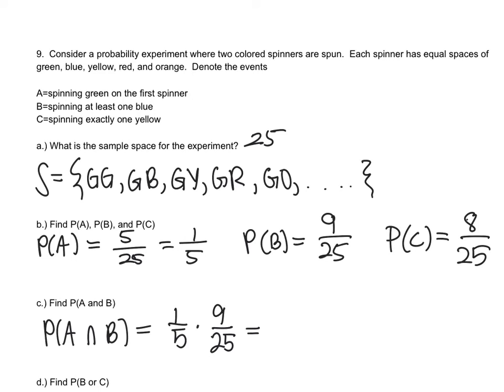You can multiply straight across, or you can use your calculator to multiply your fractions, but you should get 9 out of 125, which is about 0.072. Well, it's exactly 0.072.